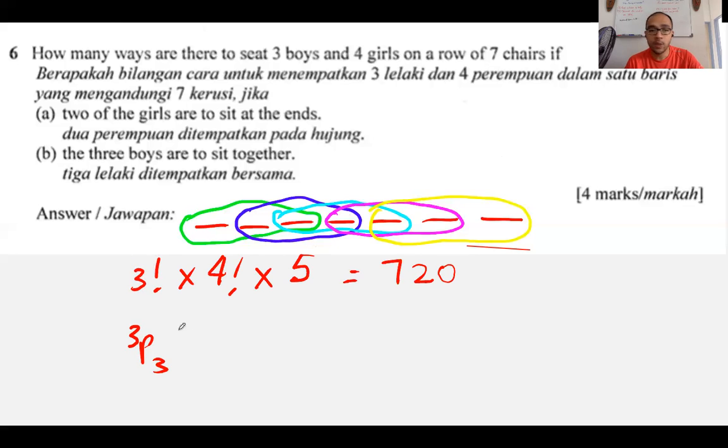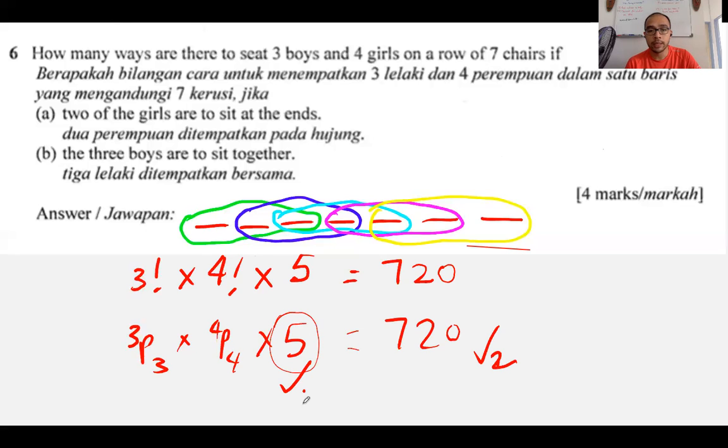So you can write it this way, or 4P4 times 5. Okay, you still get the same answer, 720. Okay, sorry. 2 marks if you get the final answer correct. If you didn't get the final answer, I think this is the one yang akan memberikan 1 markah. You have to identify that there are 5 different cases where the 3 boys can sit together. 5 times 3 factorial times 4 factorial boleh.